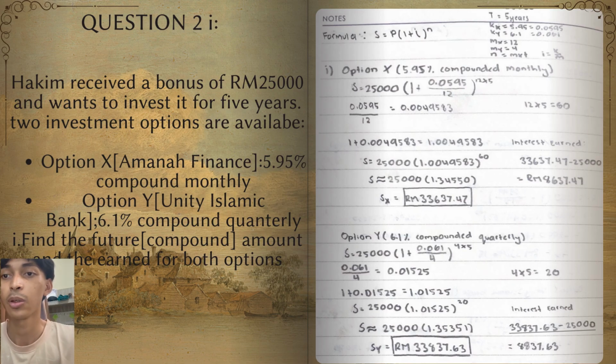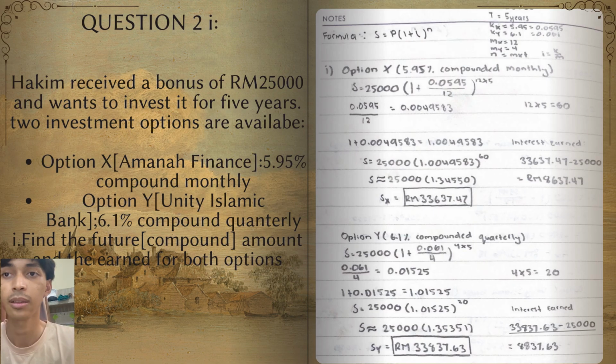Next step is 1 plus 0.01525 equals 1.01525. S equals 25,000, bracket 1.01525 to the power 20. So S equals 25,000 times 1.35351. So the answer for option Y, SY, equals RM33,837 ringgit and 63 cents.